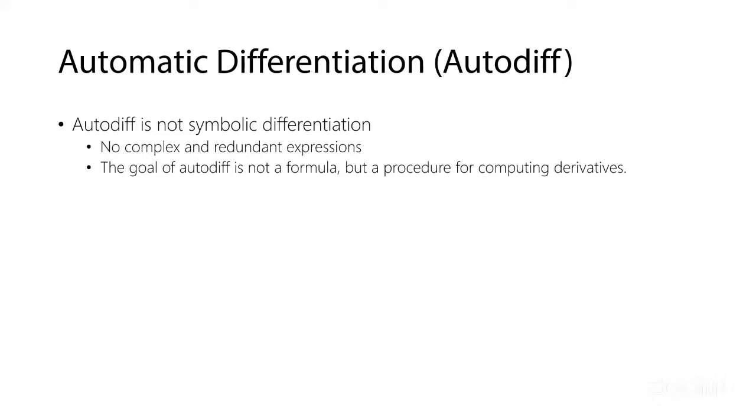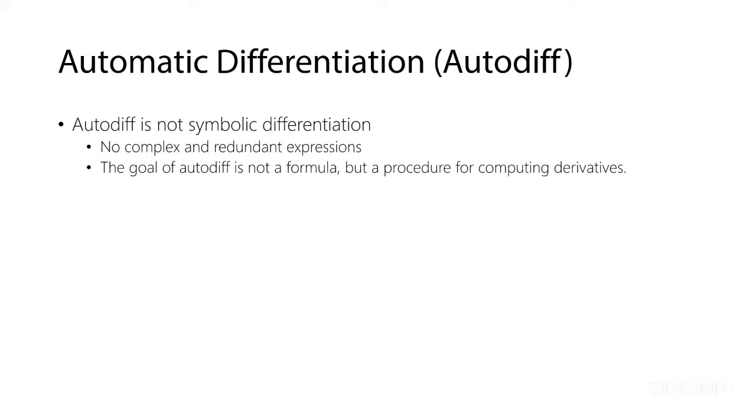One thing to note is that automatic differentiation is not symbolic differentiation, if you know what that is. Solvers like MATLAB and Mathematica have ways of computing what's called symbolic differentiation. Symbolic differentiation is what you do as humans, and there are algorithms for doing it.